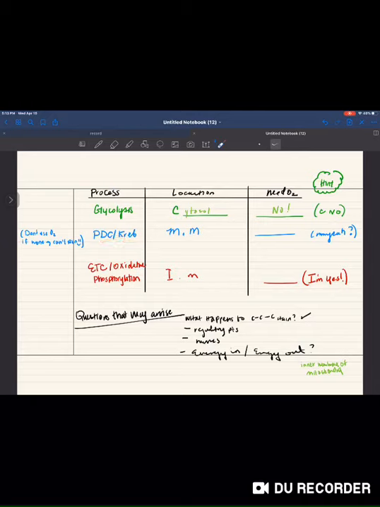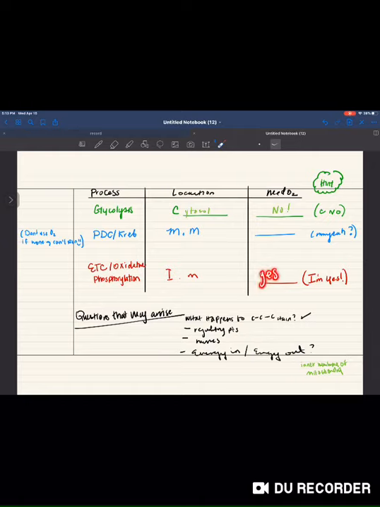And the last one that we'll talk about is the ETC and oxidative phosphorylation. This happens in the inner membrane of the mitochondria. Does it need oxygen?